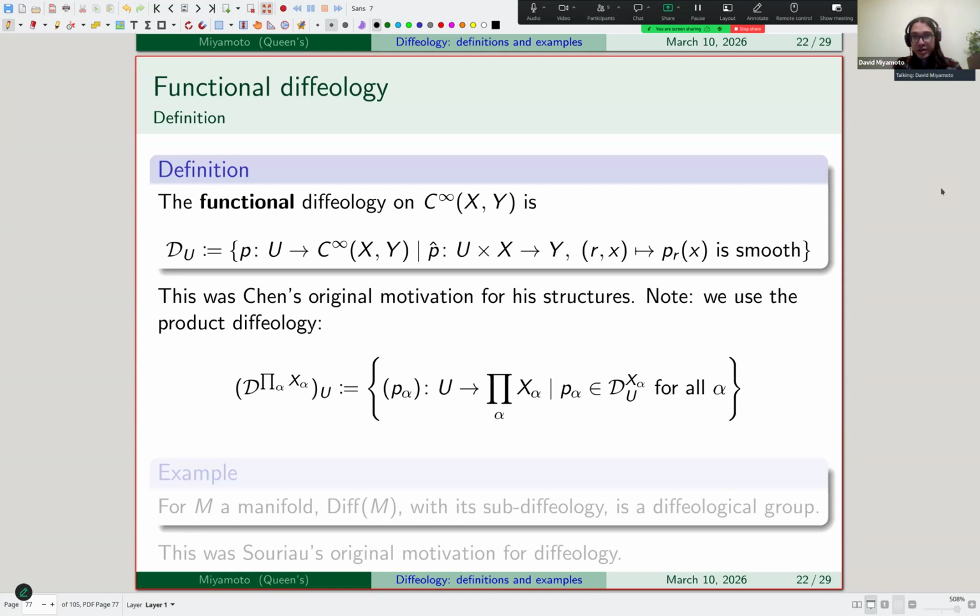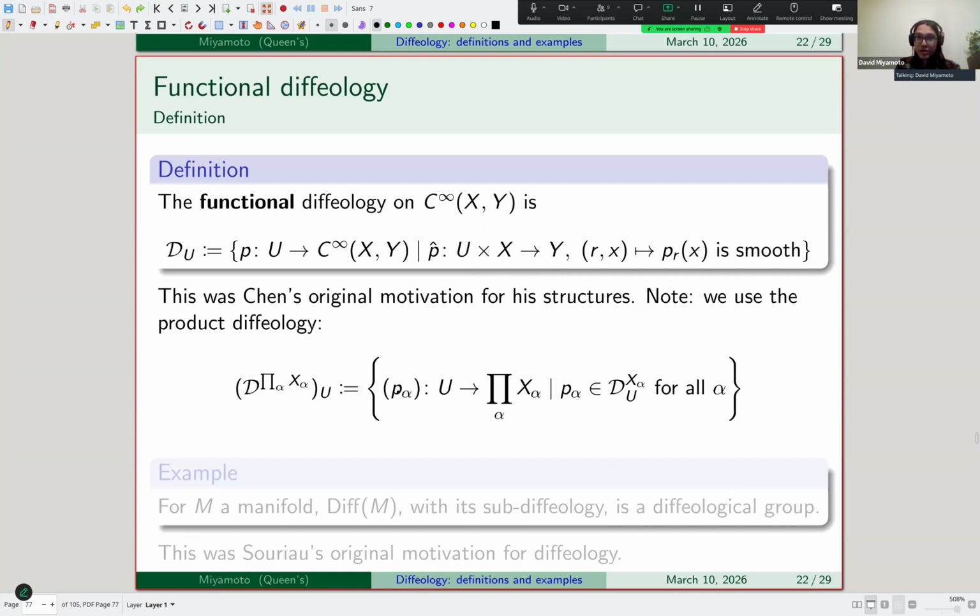Now, implicit here, I'm using something I didn't define, which is a product diffeology. We're saying this map is smooth, but X is a diffeological space, so what is the diffeology on the domain that I'm using? I'm using the product diffeology. If I have some product of spaces, the underlying set of the product is the Cartesian product of sets.